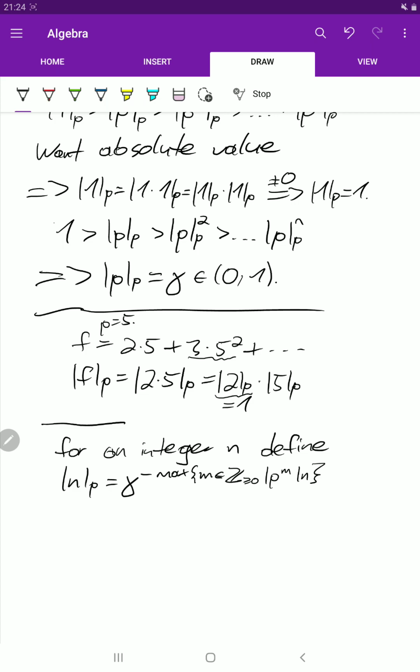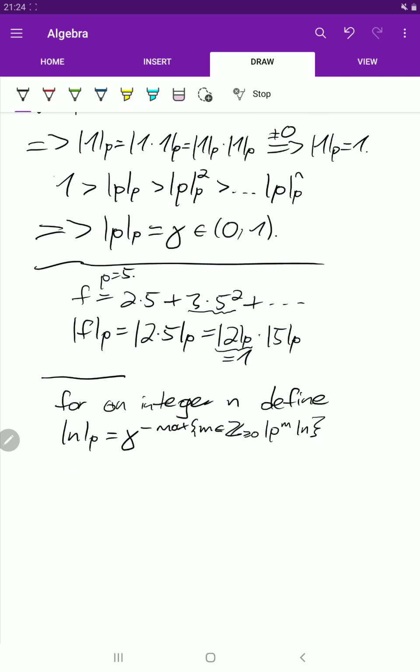So that's going to be our p norm, and we take gamma to be 1 over p.